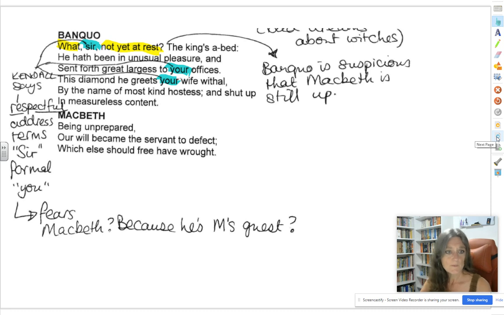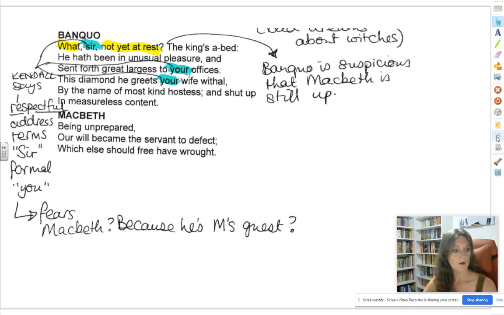Okay, so in this bit, Banquo says, what, sir, not yet at rest? The king's abed. He's been in unusual pleasure and sent forth great largesse to your officers. This diamond he greets your wife withal by the name of most kind hostess, and shut up in measureless content.